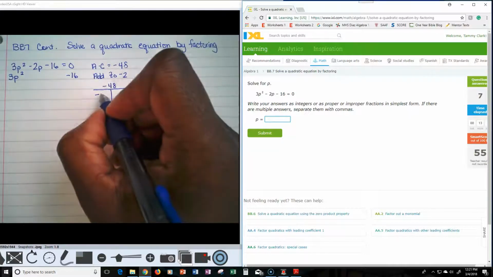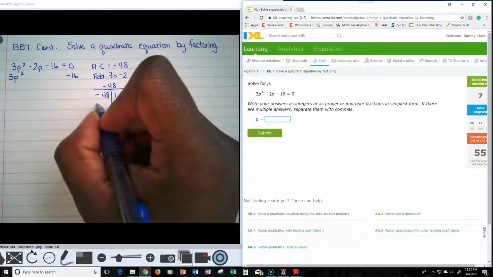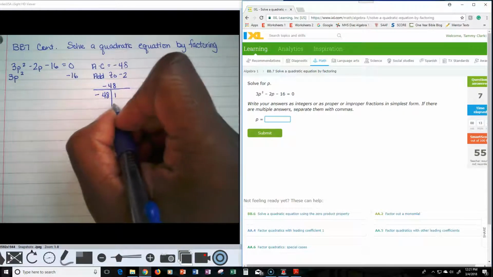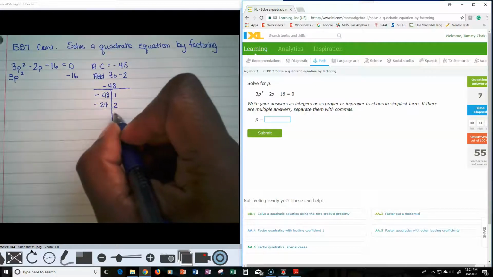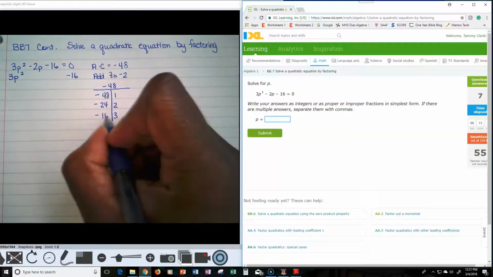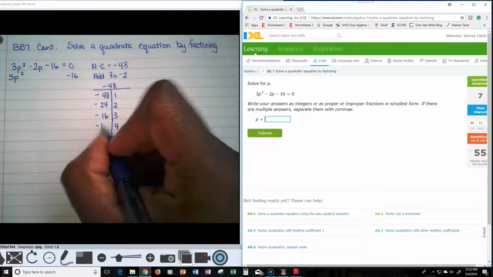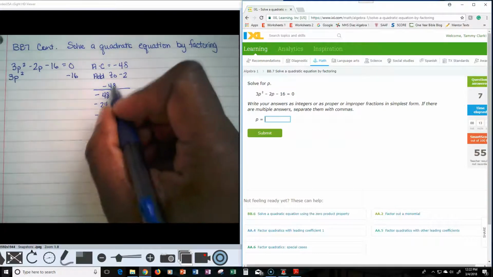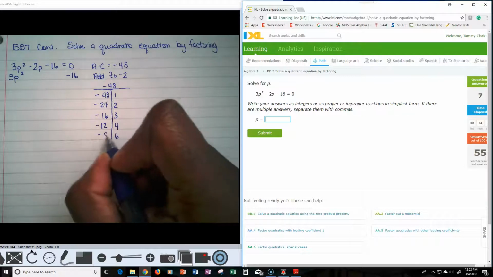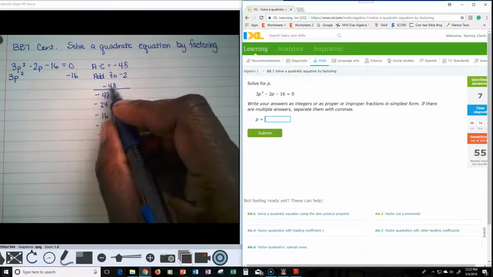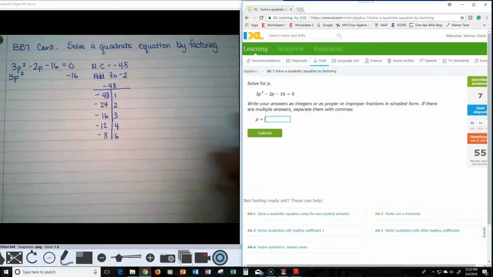So negative 48 times 1. 2 times negative 24. 3 times negative 16. 4 times negative 12. 5, no, because this doesn't end in 5. 6 times negative 8. 7, no, because 7 times 7 is 49. 8, we've already got 8, so we don't need to go any further.